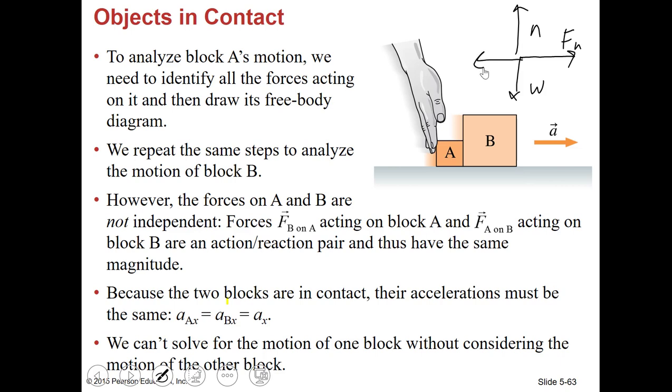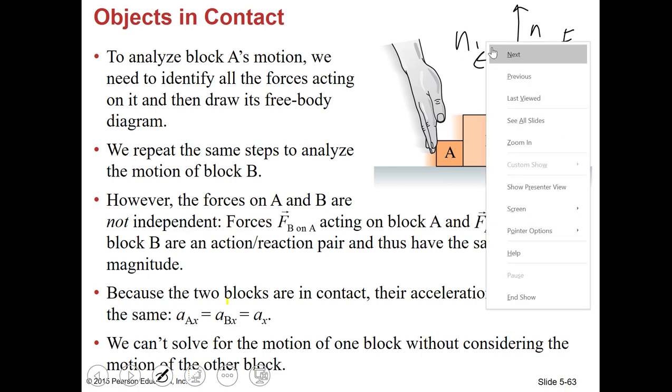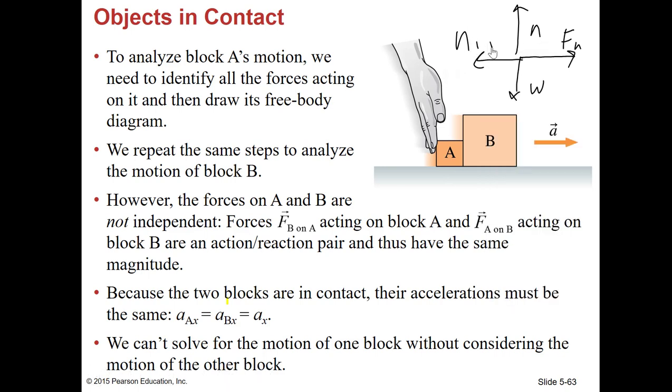And then I'd also have the normal from B on A. Okay, something like that. So here's the force from the hand. Here's the normal force from the ground. Here's the weight. Here's the normal from B onto A. This would be the free body diagram of just A.